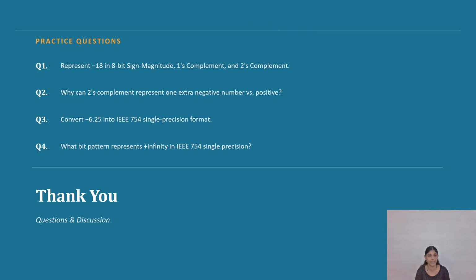Please try to find the answer for that. And try to convert this minus 6.25 into IEEE 754 single precision format. In our example, we tried for plus 10.5, but here I have given you the negative value. And the last question, what bit pattern represents plus infinity in the IEEE 754 single precision? Follow the last slide, the special value slide.